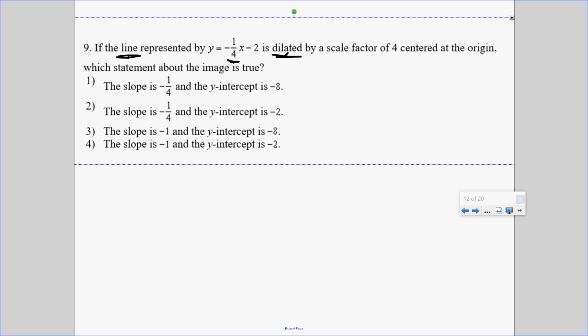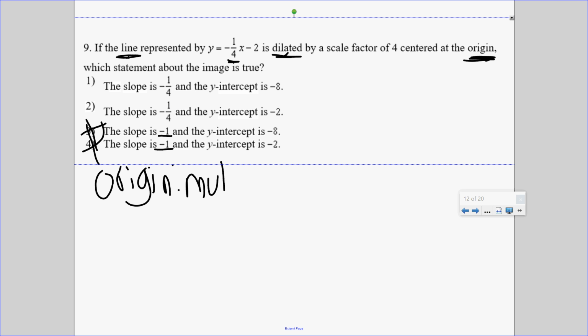If the slope is negative 1/4, then the image must also have a slope of negative 1/4. Line dilations parallel, keep the slope. Now, from here, there's 2 circumstances: origin or not origin. If it's origin, multiply the scale factor and b.